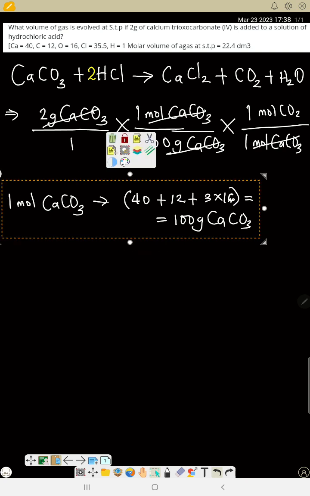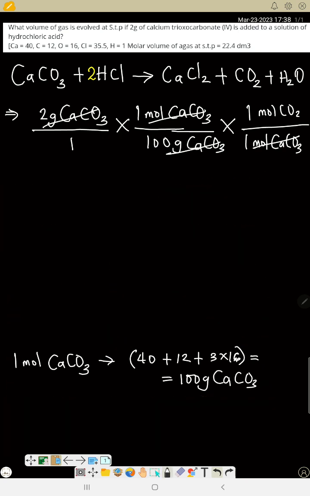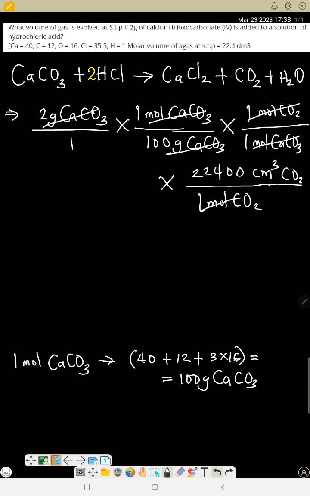We already know that 1 mole of any gas occupies 22400 centimeter cube, so 1 mole of CO2 will give 22400 centimeter cube of CO2, and mole of CO2 cancels mole of CO2.